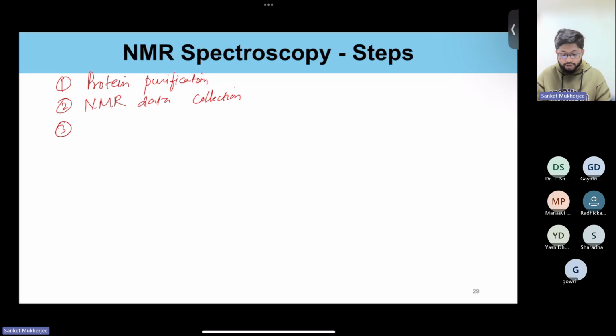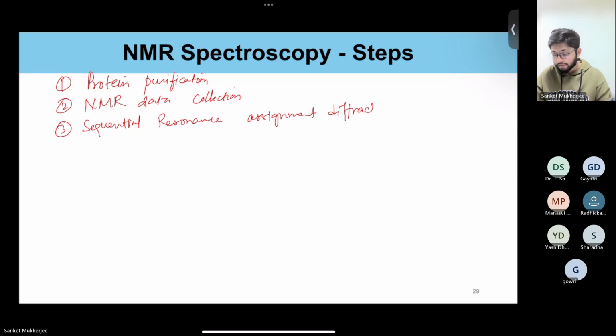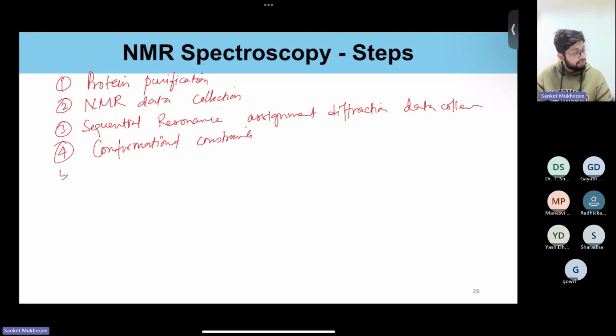Then sequential resonance assignment, collection of conformational constraints, and finally structure calculation.